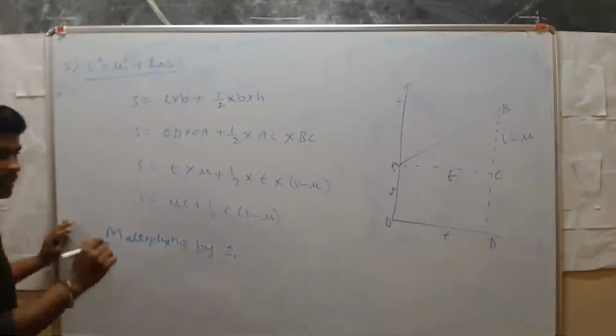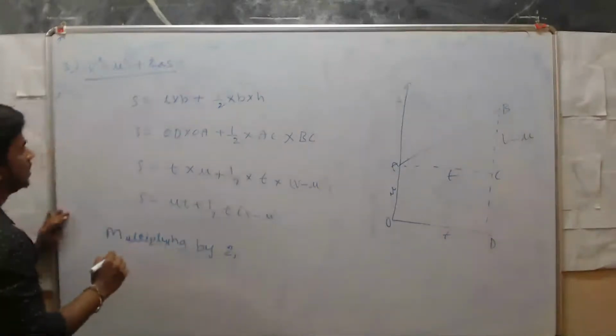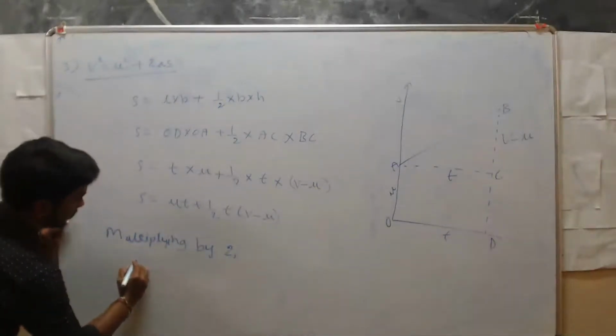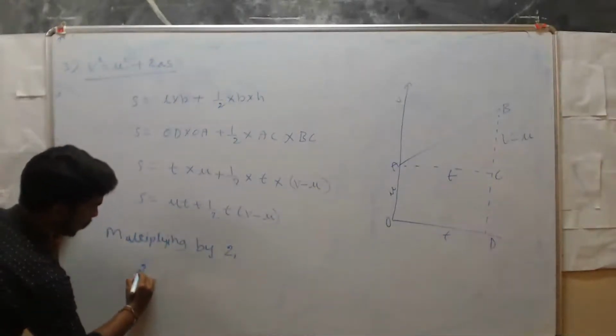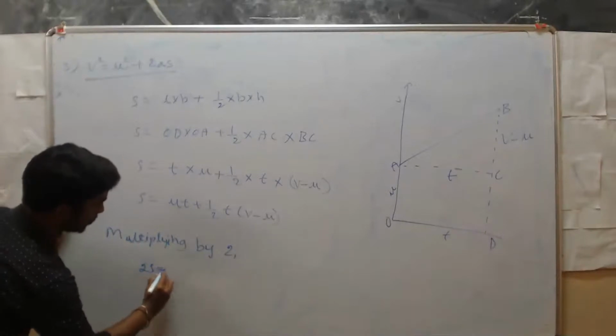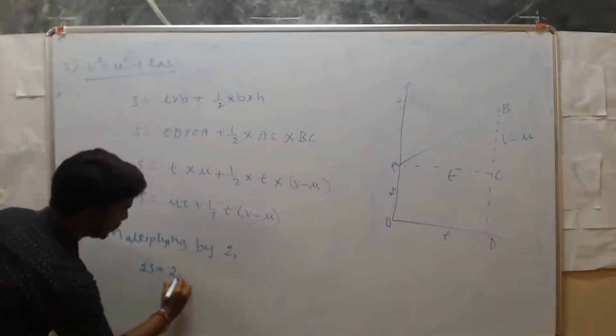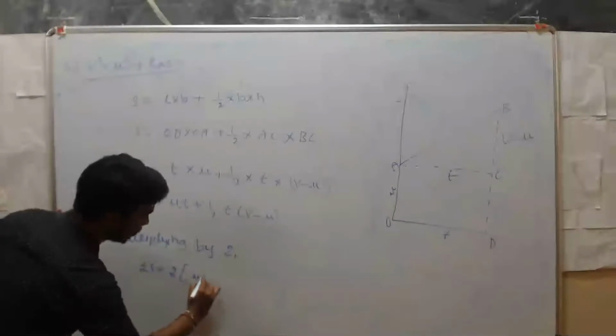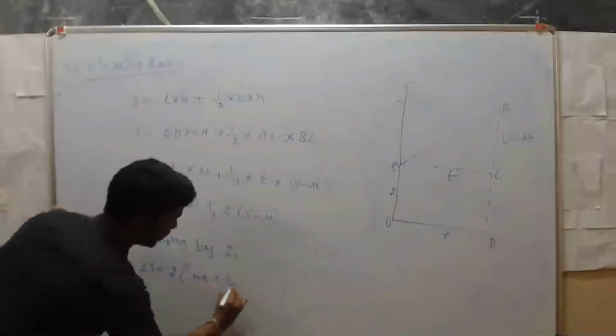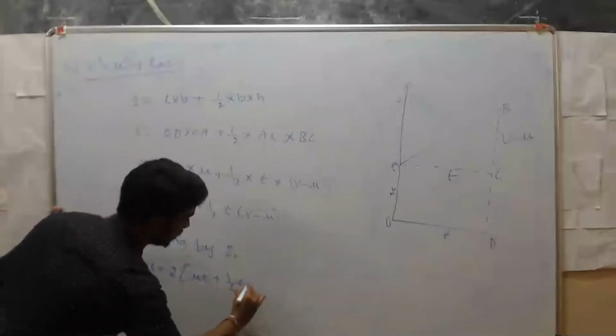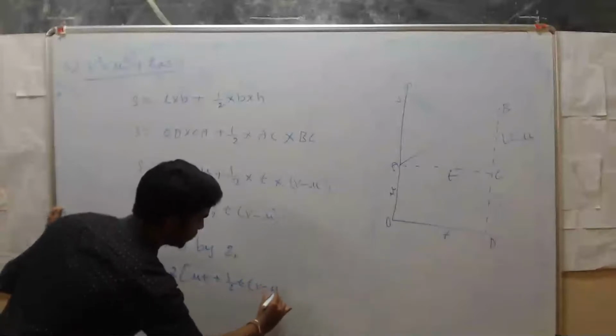So then we will get 2S equals 2 into UT plus half into T into V minus U.